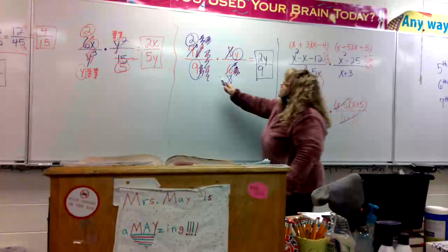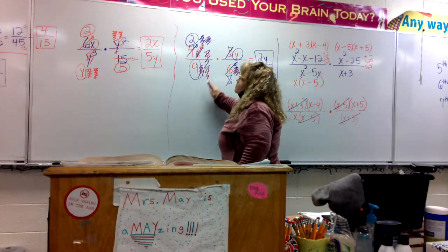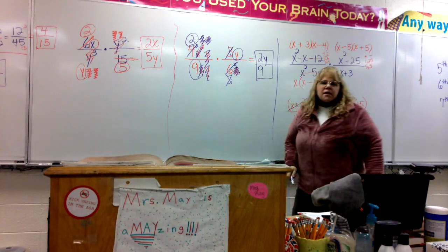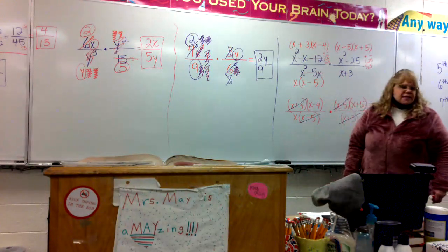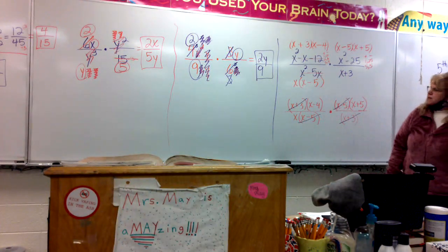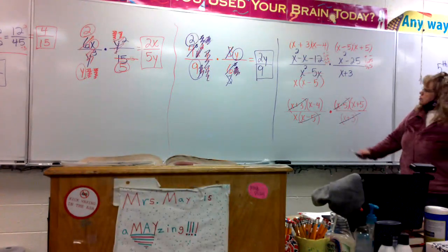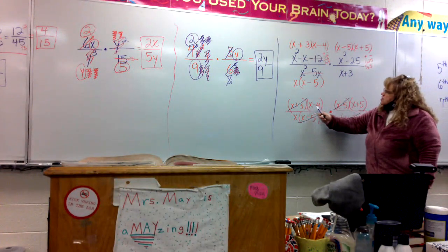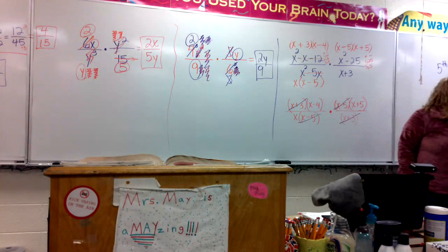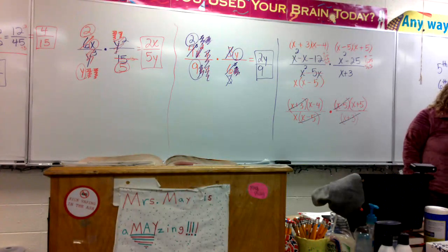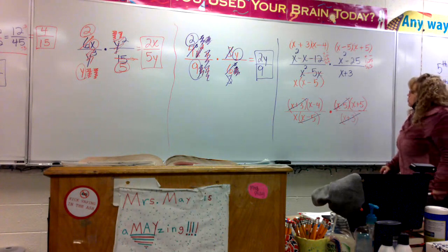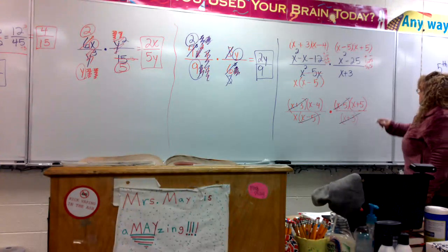In order to cancel, it's got to be x times something. Not x plus and not x minus. It's got to be x times in order to cancel. And this is x take away 4. So you may not cancel that. Does that make sense?